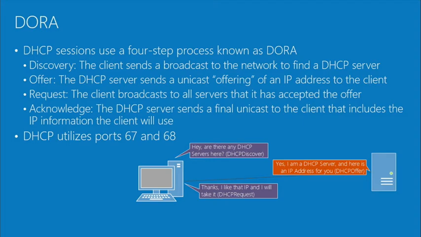The client then selects an address and says, "Thanks, I would like to use that DHCP address." And then finally, DHCP ACK: "Hey, pleasure doing business with you. I acknowledge that you are using that address."